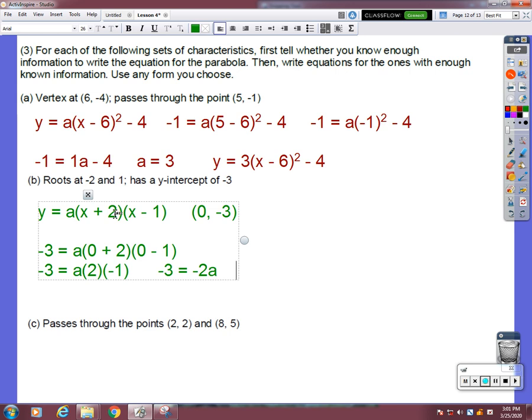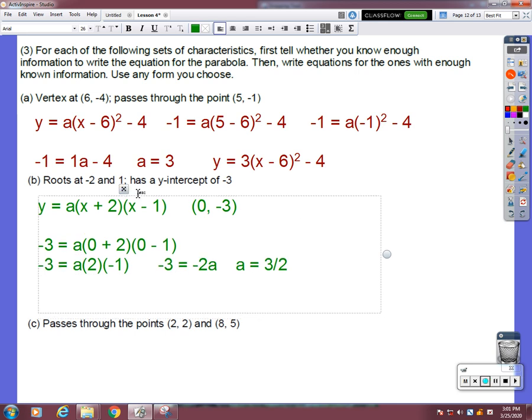And if I divide both sides by -2, that tells me that a equals 3/2. So now I'm just going to write that as a final answer. So y equals 3/2 times x plus 2 times x minus 1.